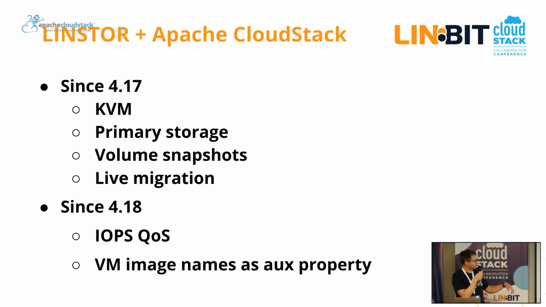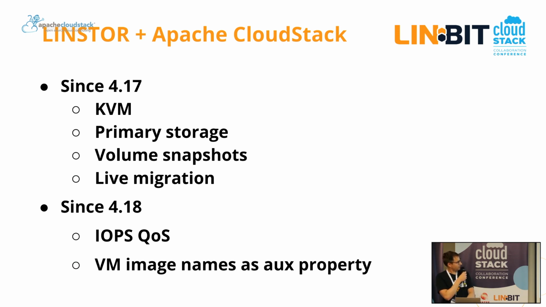And a small addition was that we added, as I said, properties. There are auxiliary properties which can be set by users, to give you a better overview, as you will see later, like which volume belongs to which virtual machine, for example.